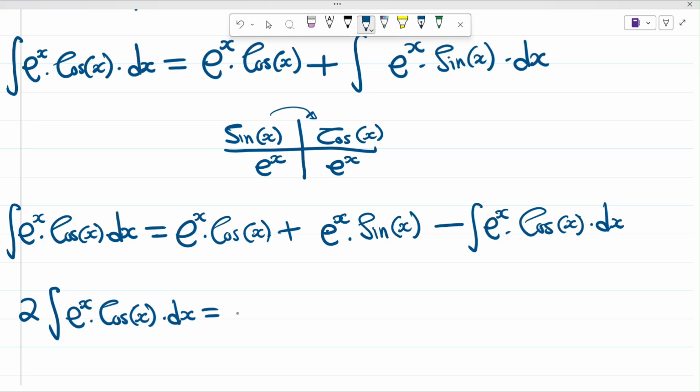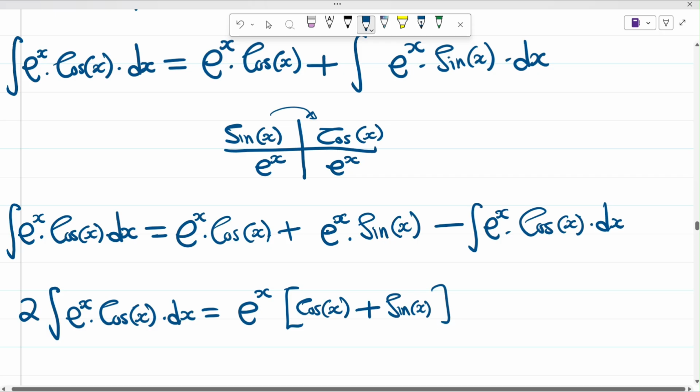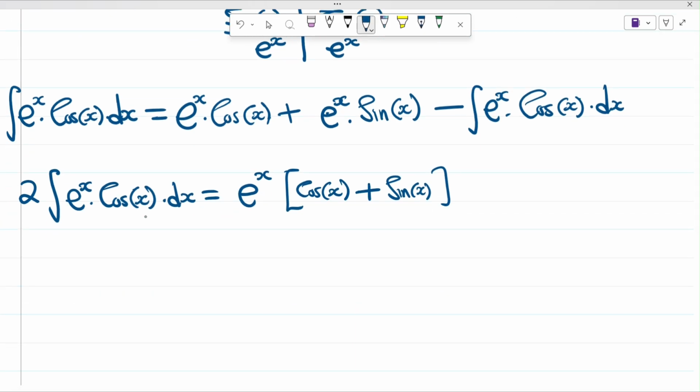Okay, I'm going to copy the same thing, or I can just take out e to the power x as a common factor for these two, and then I'll have cos of x plus sine of x. And then I close. Then I'm going to divide by 2 on both sides.